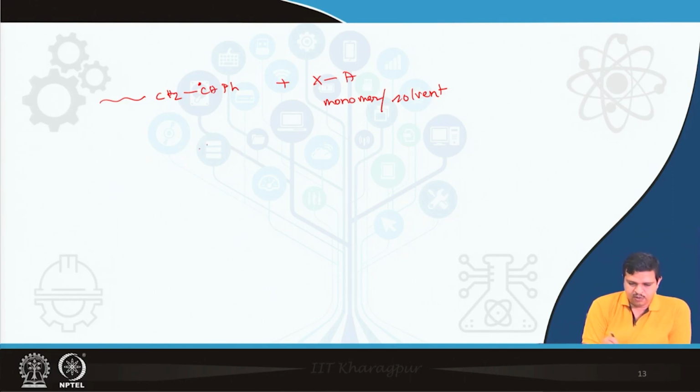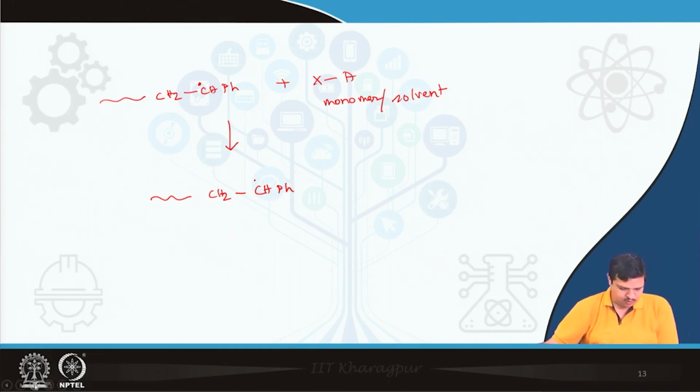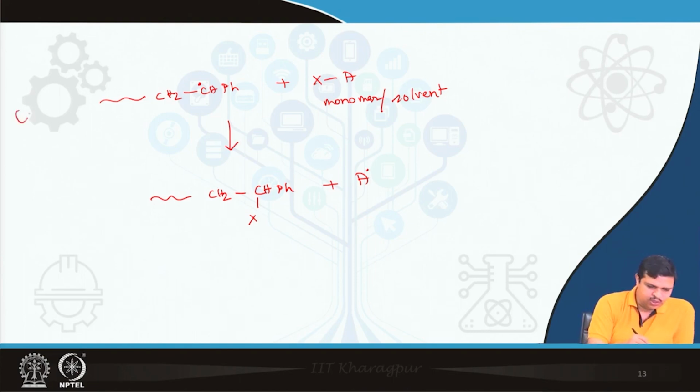This can give the reaction like CH2, then CH, CH pH, and this X and this A dot. Now, this is called the chain transfer.